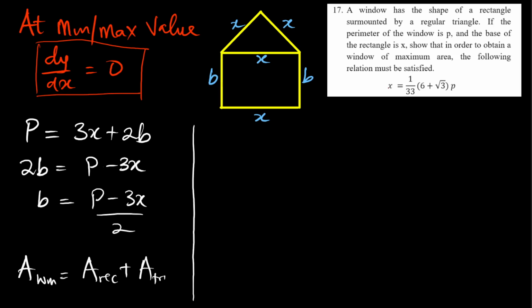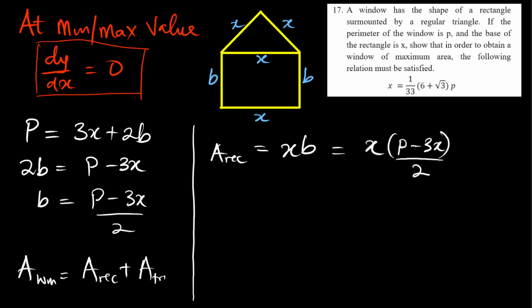Now let's go on and find the area of the rectangle. The area of the rectangle is base times height, so that's going to give us XB. Now, if I substitute whatever B is, I'm going to have X times P minus 3X all over 2.